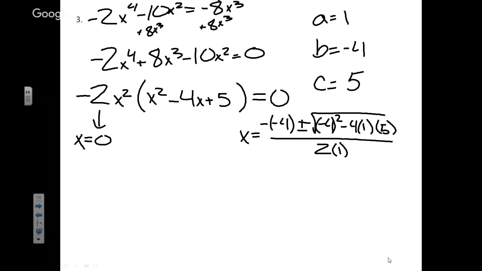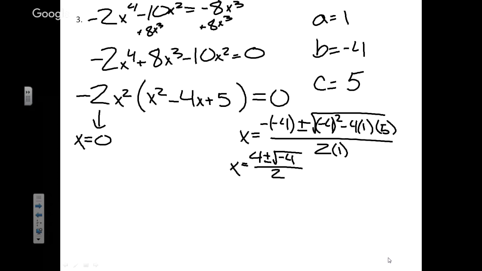So if you guys put this part into your calculator, what's all of that going to give you? The -4 squared minus 4 times 1 times 5. -4? All right. So then we have x equals 4 because the -1 times -4 is 4, plus or minus square root of -4, all divided by 2.